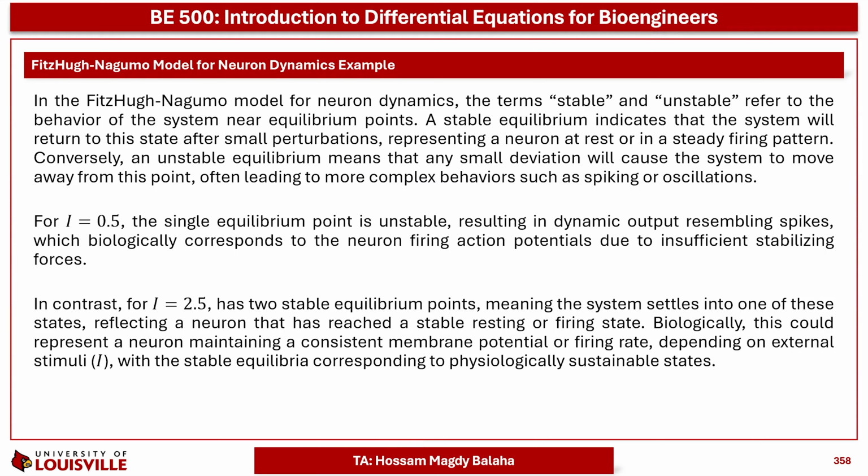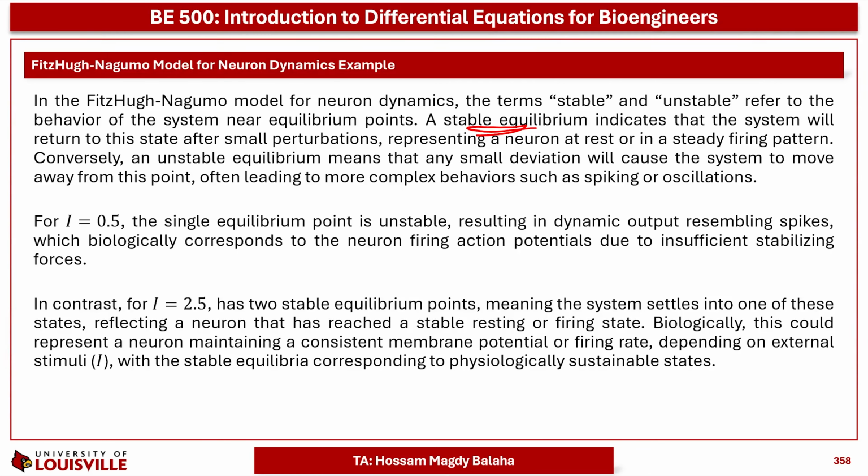And regarding our problem here for stability and instability, a stable equilibrium indicates that the system will return to its state after small perturbations, and this can represent a neuron at rest or in a steady firing pattern.